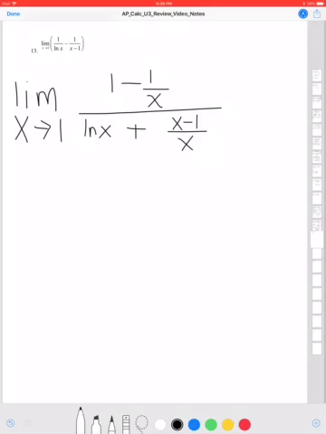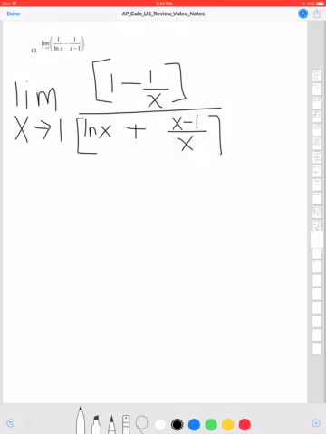Alright, let's see, you could take the derivative again, but I don't necessarily want to do that if I don't have to, if it's not an easy derivative. So I think we can work this out.